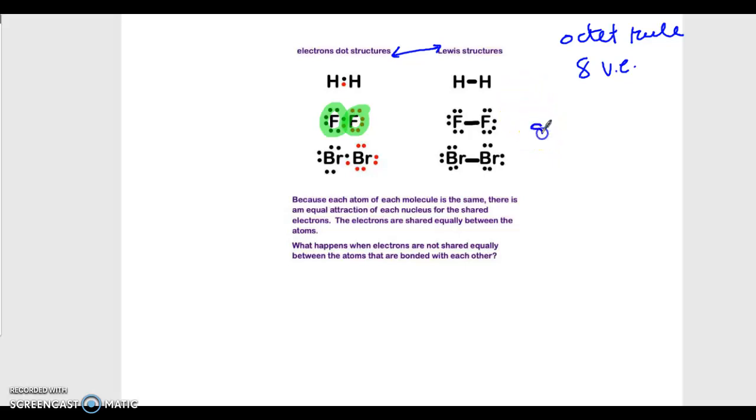When I look at something like this, that's what I call a structural formula, okay? And sometimes I'll use Lewis structures interchangeably. I don't want you to get too hung up on the vocabulary behind it. I just want you to be comfortable drawing either type of structure, the dot structure or the structural formula.